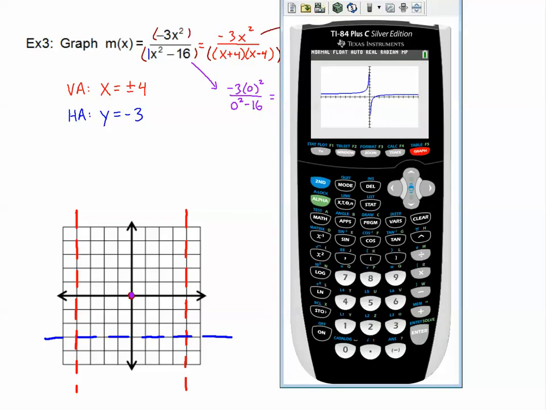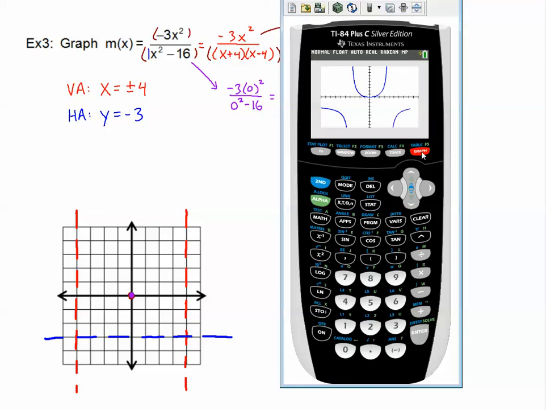So Y equals, let's clear out that, and I've got -3x². Close the parentheses, divided by, I'm doing the first one, which is x² minus 16. Put that in parentheses. And I'll press graph and see if it fits into my shell, which it does.